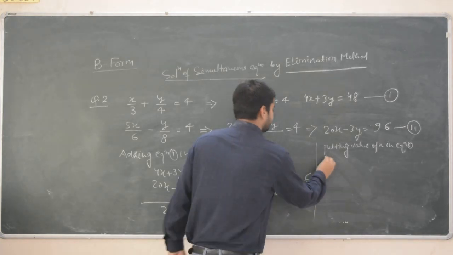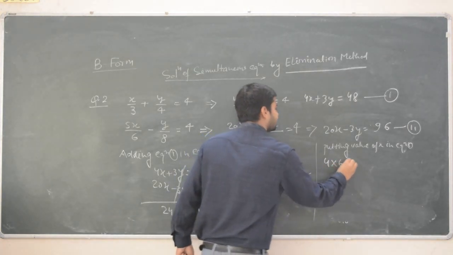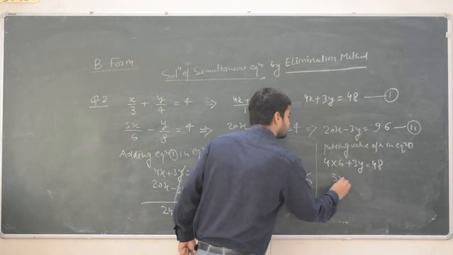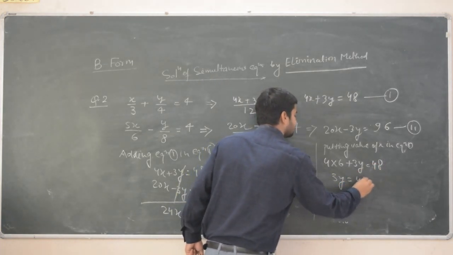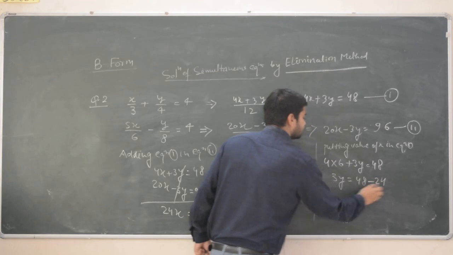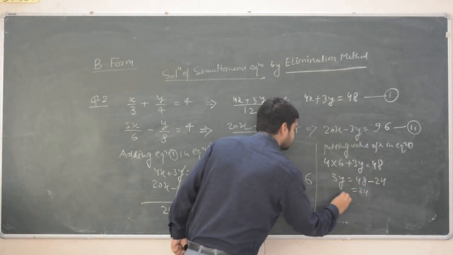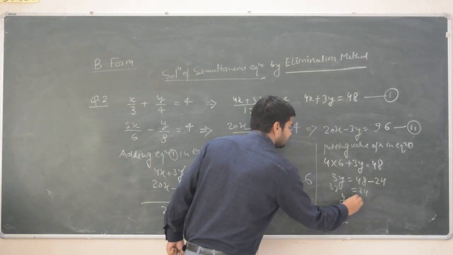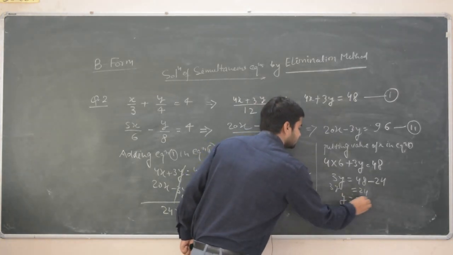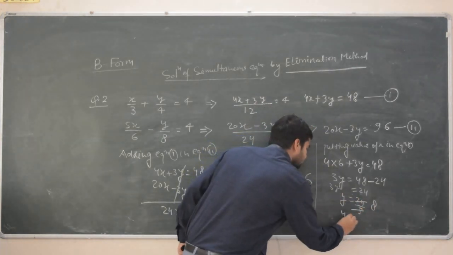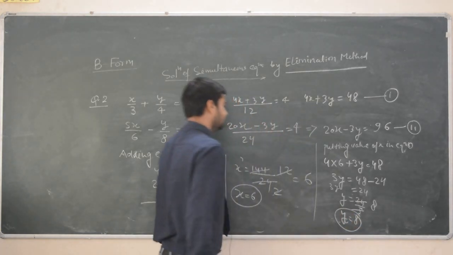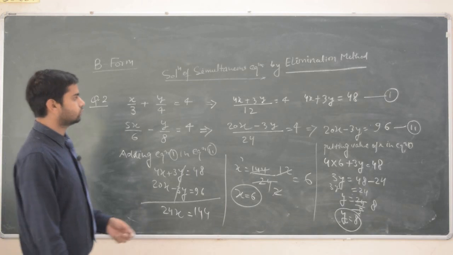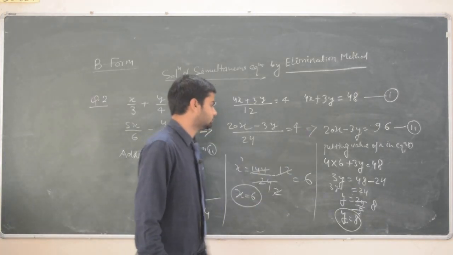We will get 4 into 6 plus 3y equal to 48, and this becomes 3y equal to 48 minus 24, which is 24. So 3y equal to 24, then y will be 24 by 3, and y will be 8. So x equal to 6 and y equal to 8 are the solution of equation 1 and equation 2.